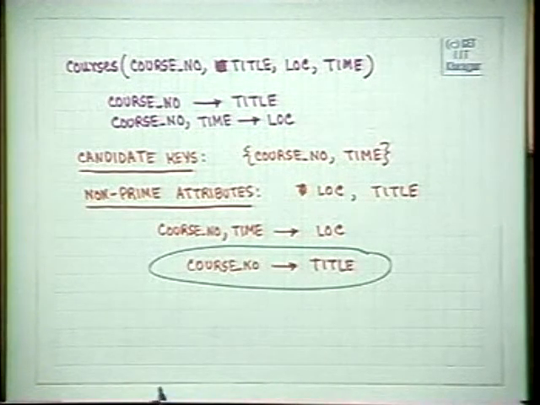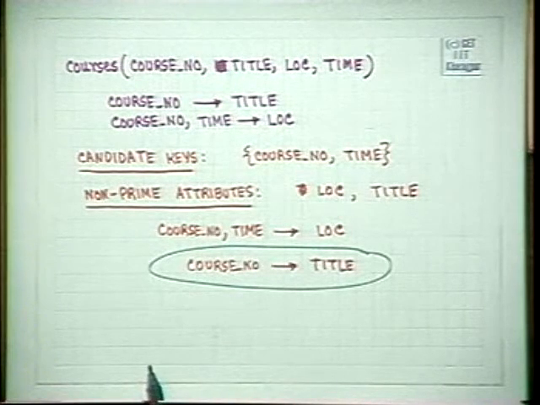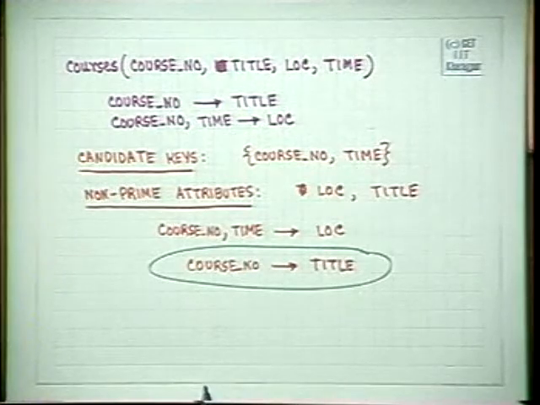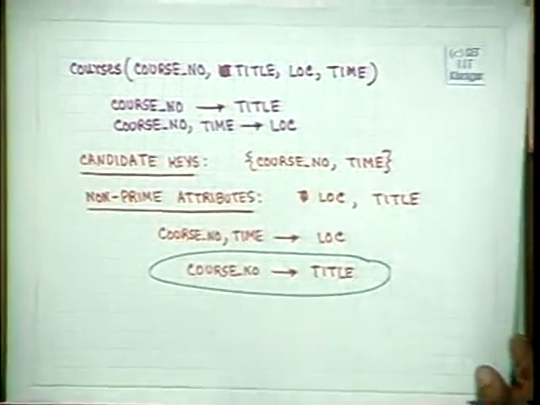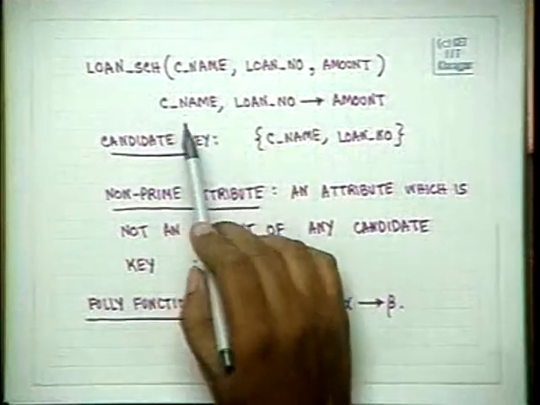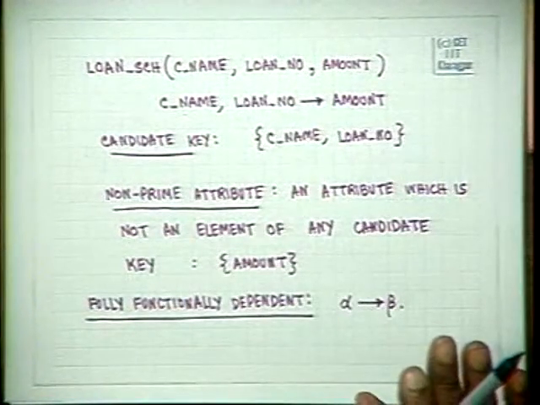A relation which is not in second normal form definitely has some redundancy. And if a relation is in second normal form like this one, then there is no redundancy.